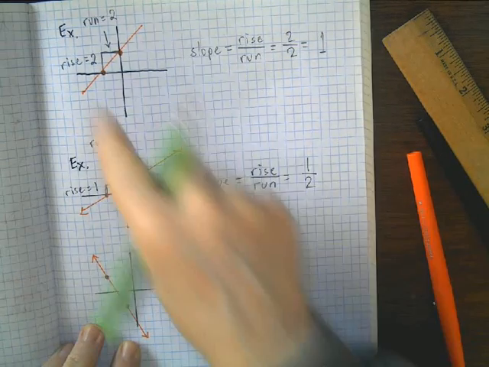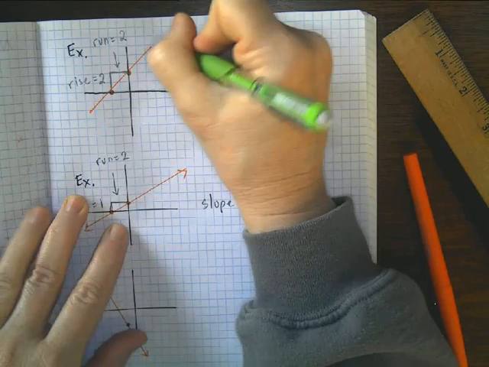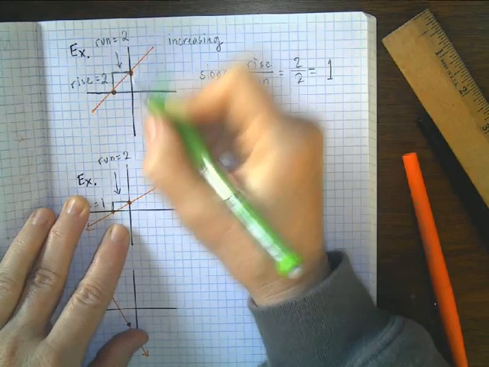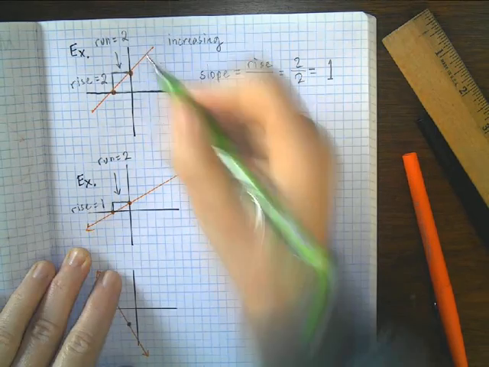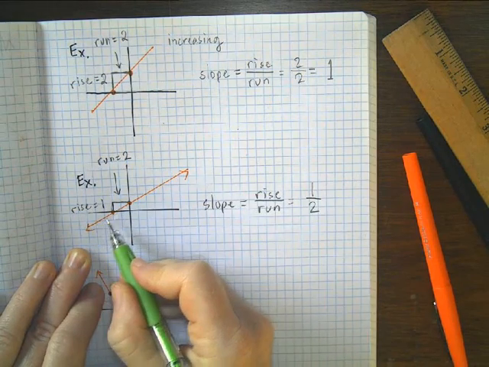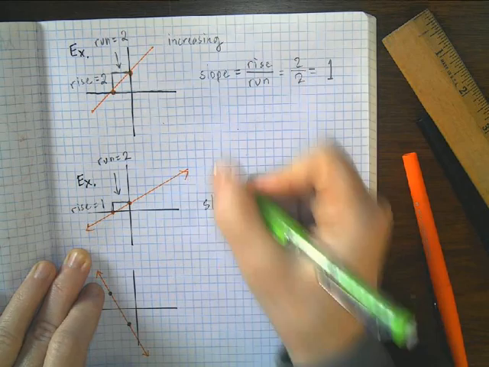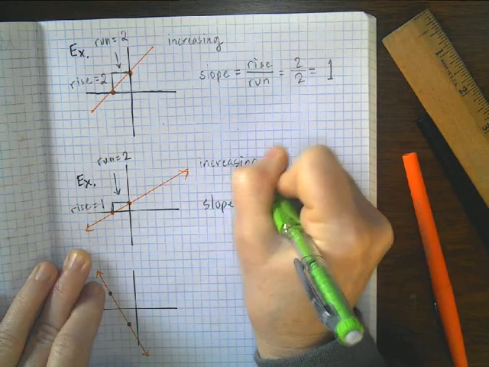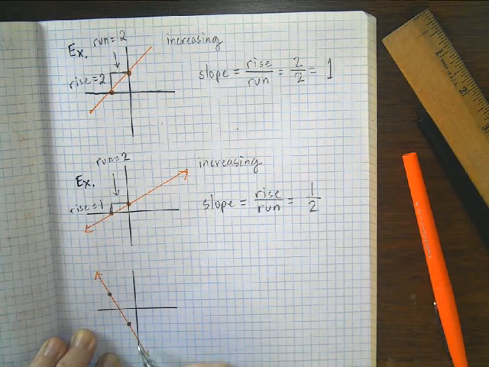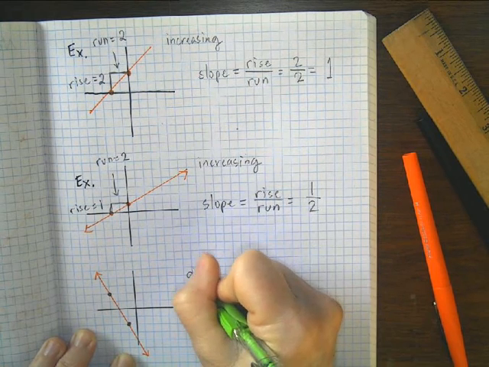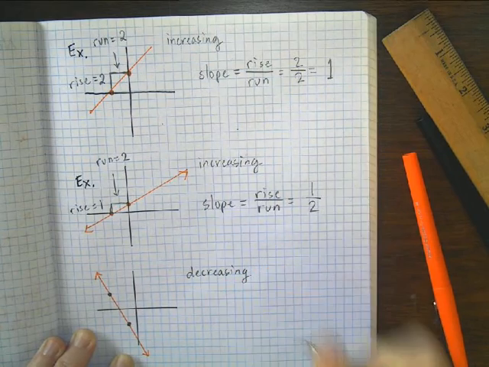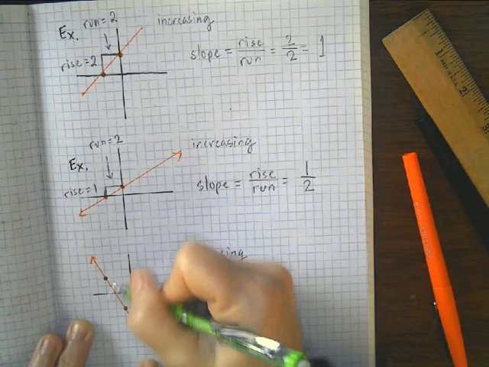This one was increasing, going up as I go from left to right. How about this one? As I go from left to right, it's also increasing. And this one is decreasing as I go from left to right.